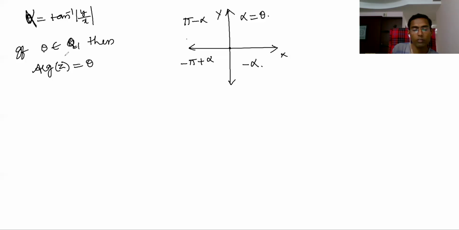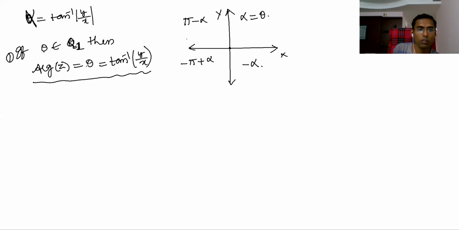If this theta is in the first quadrant, you can simply write tan inverse of y by x, because y is positive, x is positive. So that is in the first quadrant, no problem.